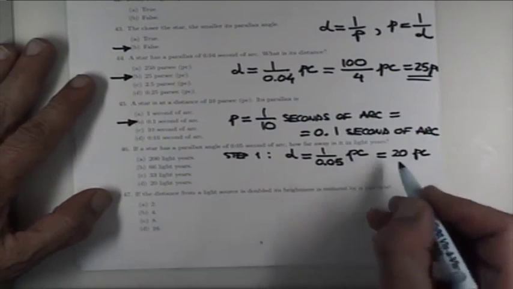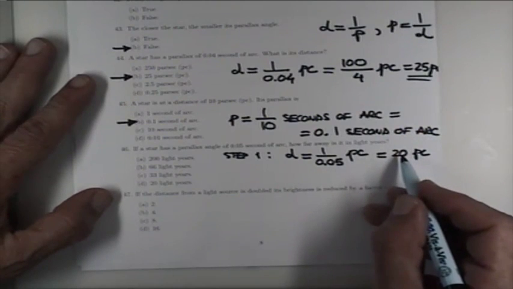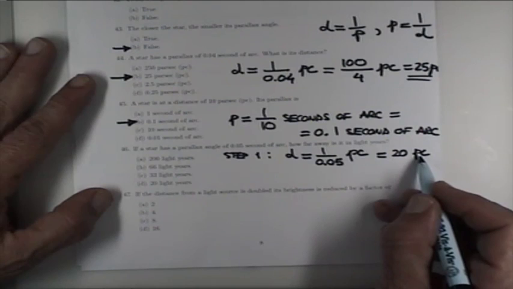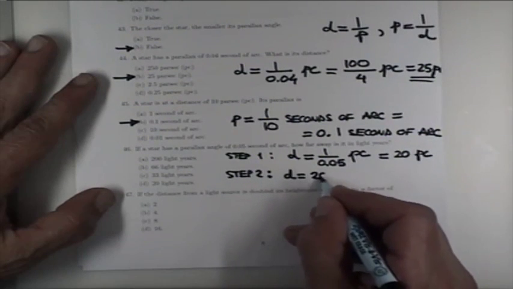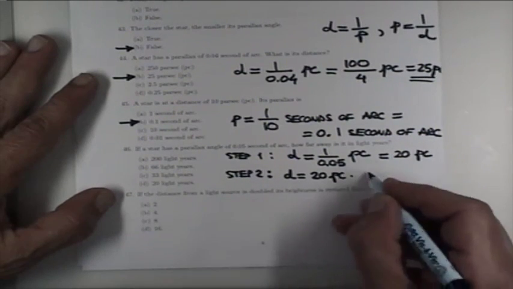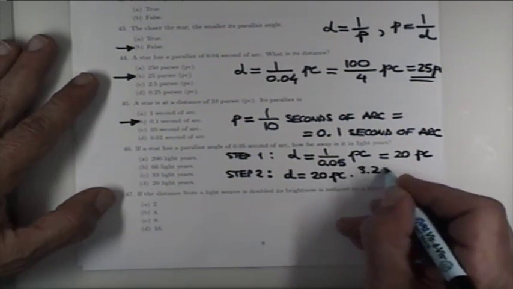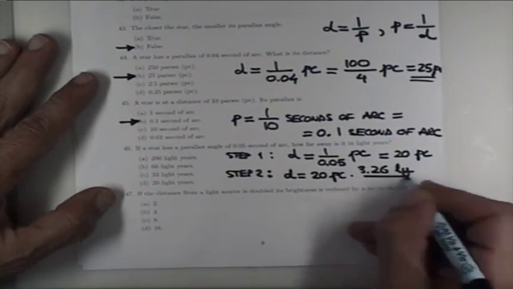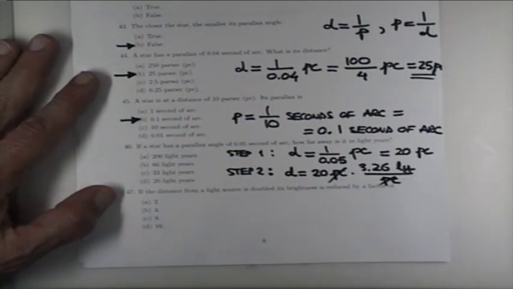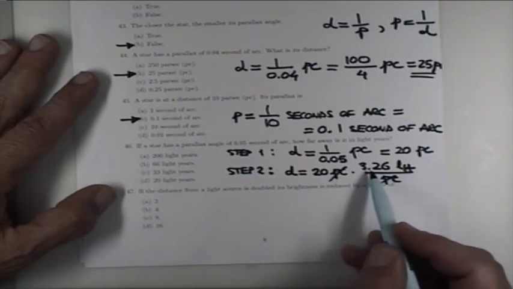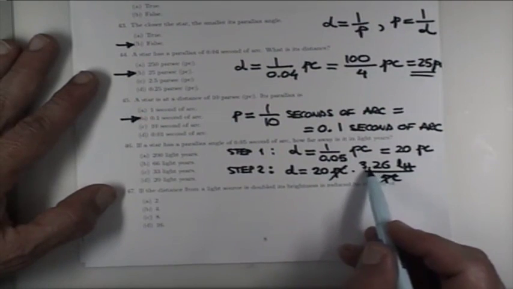And then in step 2, I have to convert this into light years by multiplying by a factor of 3.26. So step 2, I have 20 parsecs times 3.26 light years for each parsec, right? So I see without doing any calculation that the leading number, this is like 3.3 times 20, is going to be 66.